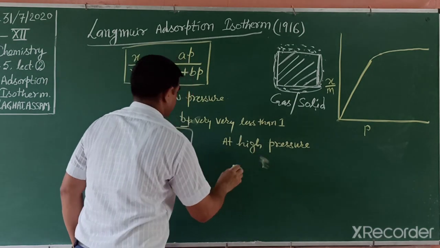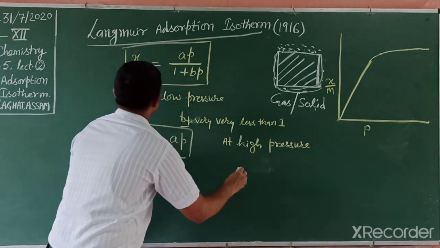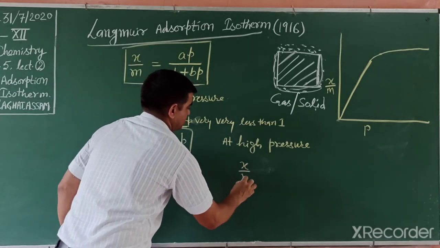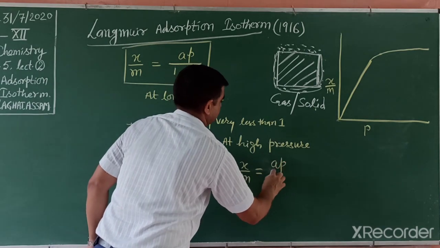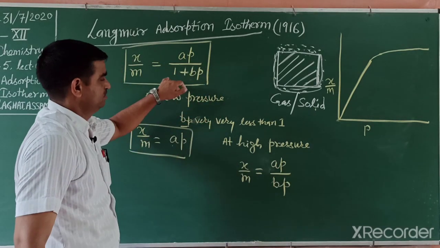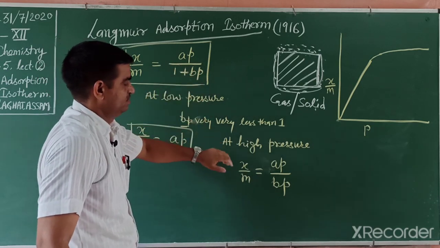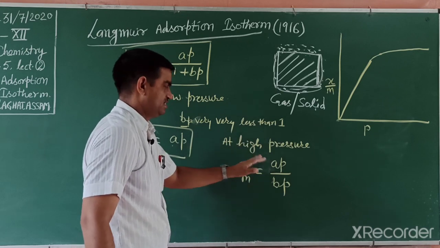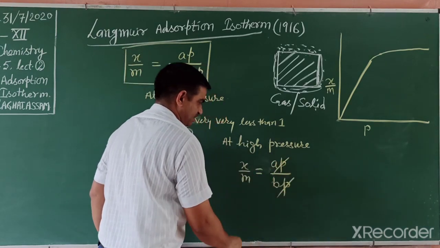So we write this equation x by m is equal to AP divided by BP, because at high pressure the 1 plus this value does not affect, so we ignore the 1, then P and P cancel.